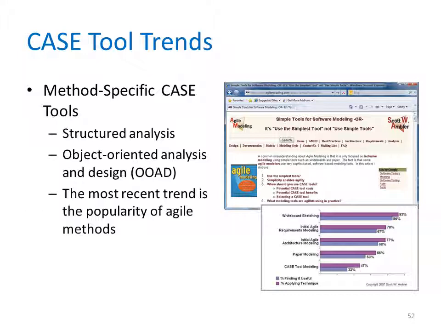The most recent trend is the popularity of what are called agile methods. Chapter 11 also includes a detailed description of an agile project, including the iterative cycles and the intense contact between developers and users.